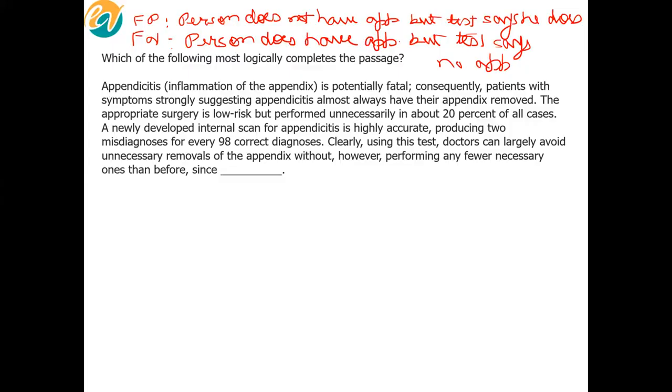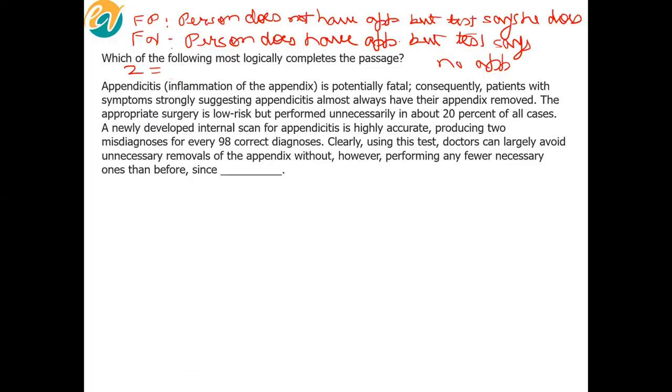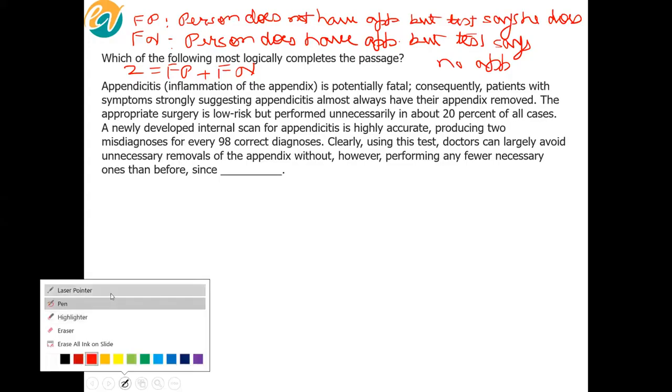All right. And what is the sum total of these two imperfections for the new scan? 2, right? So we have 2 misdiagnoses, which could be either false positive or false negative. Are we clear so far? Okay.